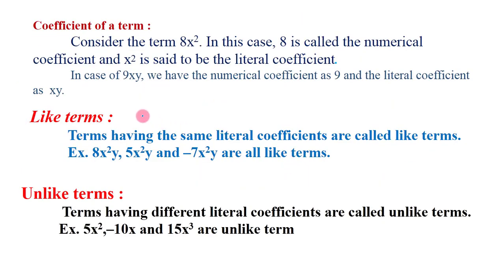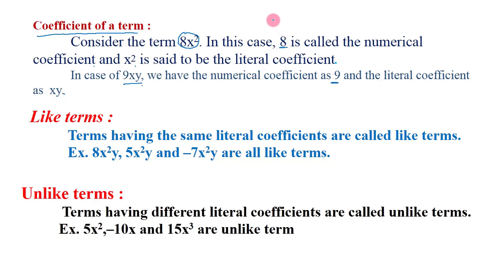Now let us observe another important concept, the coefficient of a term. Consider the term 8x square. In this term, 8 is called the numerical coefficient and x square is the literal coefficient. In another example, 9xy, 9 is the numerical coefficient and the literal coefficient is xy.